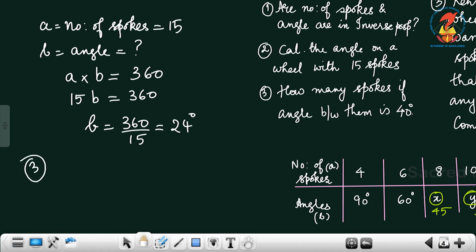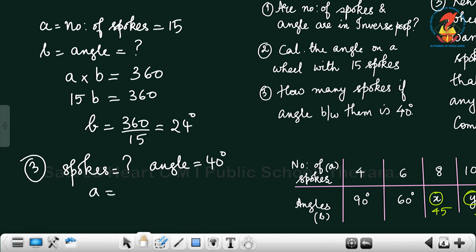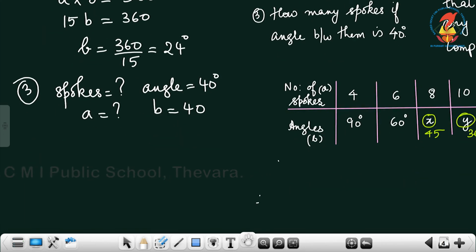Third subdivision. How many spokes are there? You need to find the spokes if the angle between them is equal to 40 degrees. That means A you need to find, B is given 40.